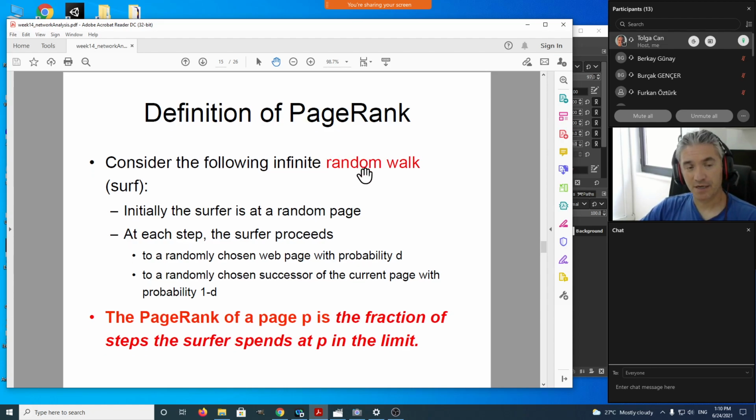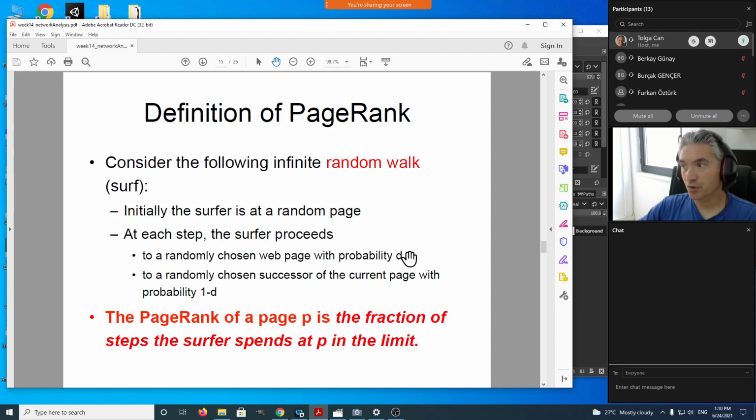The random walk is done like this. Initially, our state distribution is that we can be at any one of the nodes. Imagine at each step, if it's a web surfer, we go to some randomly chosen web page with a certain probability, or we go to one of its neighbors.